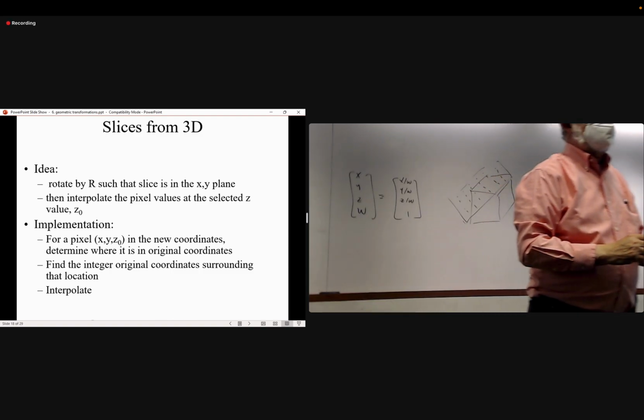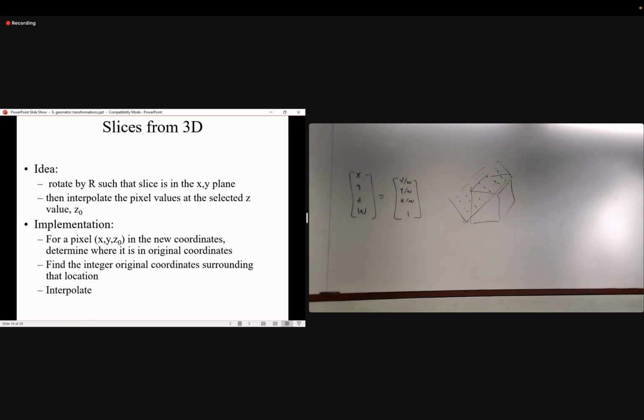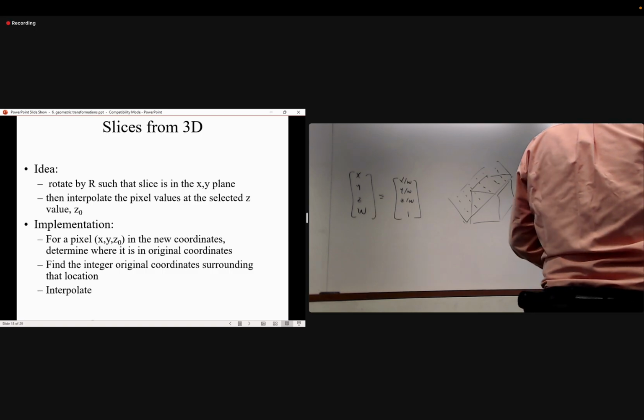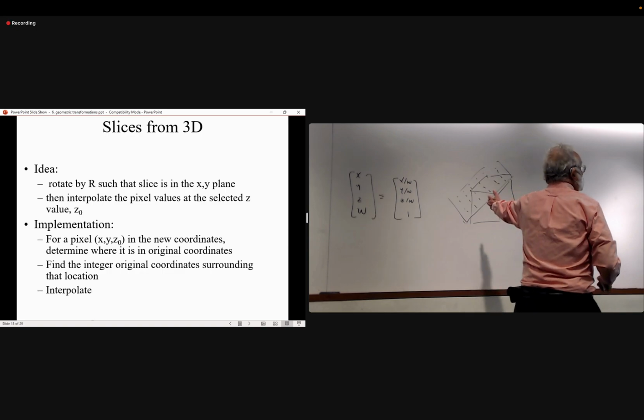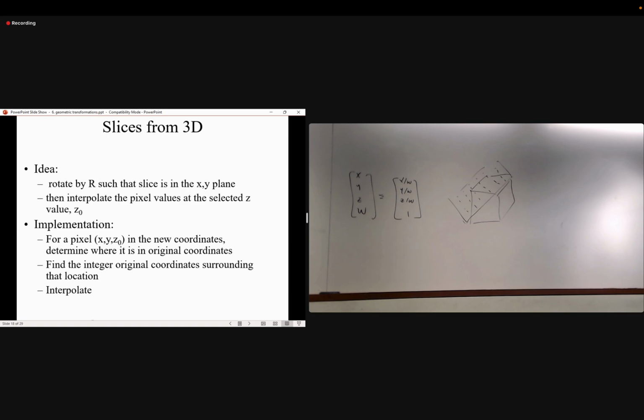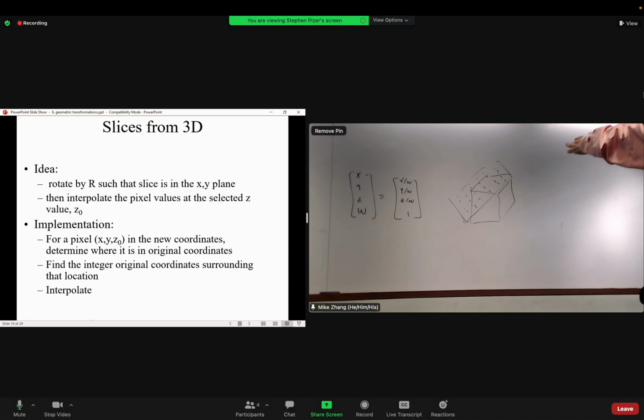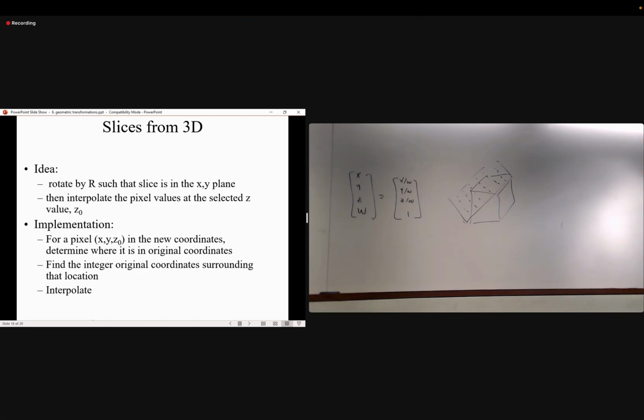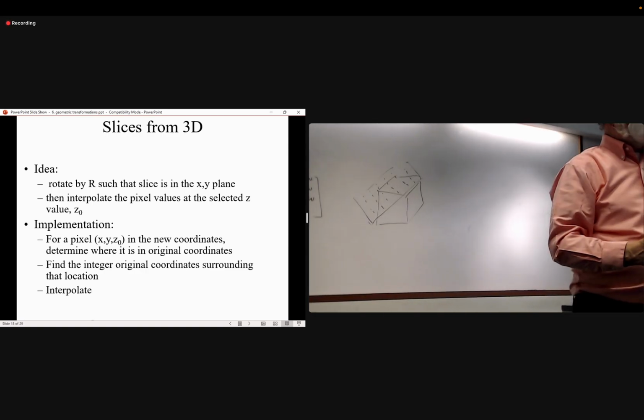And so the idea is rotate all the data so the slice is in XY. And then you'll have a particular z value that designates the plane. It's an XY plane at some z in the rotated z, right? And once you do that, you have pixels in z, and those will not be the pixels of the image at z, right?